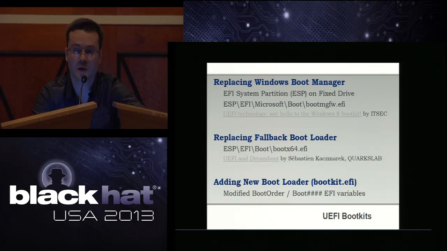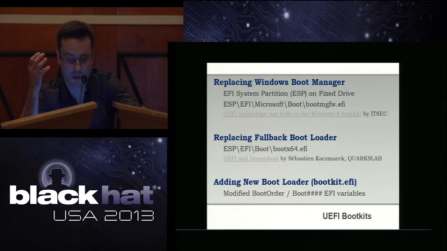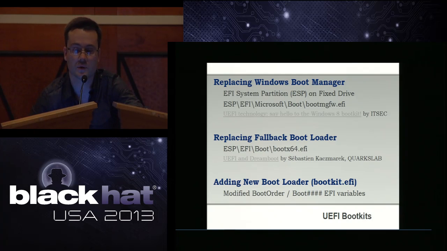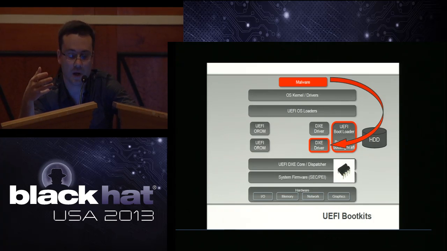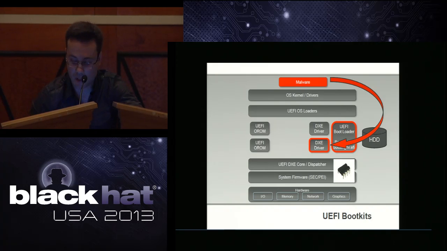In addition, the exploit could actually add its own bootloader instead of replacing one of the existing bootloaders. In order to do that, the exploit would need to do some additional actions like modify some of the UEFI system variables, like boot order or Boot1, 2, 3, 4, and so on variables. The other way to install a UEFI bootkit would be, instead of replacing the bootloader, the exploit could add a DXE driver, which will get dispatched before the bootloader, and drop that DXE driver on a UEFI system partition or even removable media.